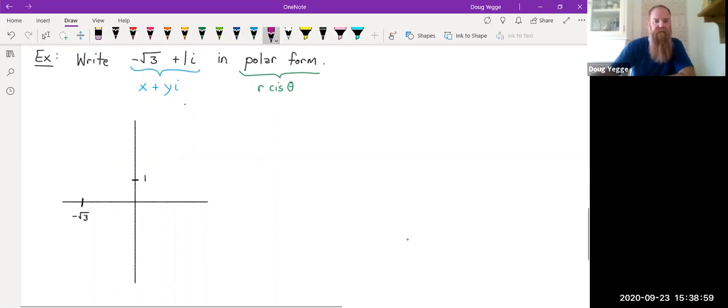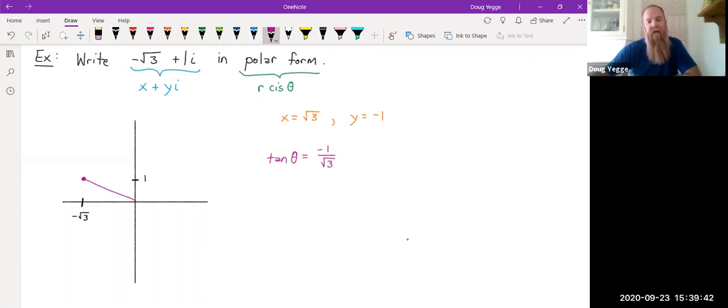So that means that we have this angle that's going to be somewhere in the second quadrant, which means that my theta should be somewhere between pi over 2 and pi, or 90 degrees and 180 degrees. So let's start off with recognizing that x is negative root 3 and y is 1. So with that information, we could find out that tangent of theta is equal to y over x.